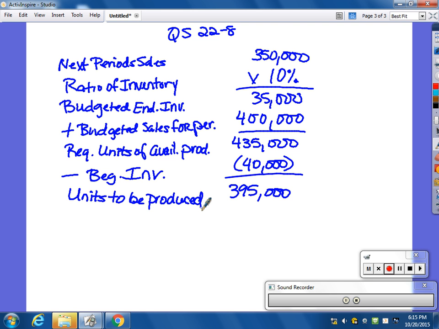Budgeted production. Come on, factory overhead budget is more than 2 students in here. If you have an example in your book, just go to the example in your book and tell me what we start with.